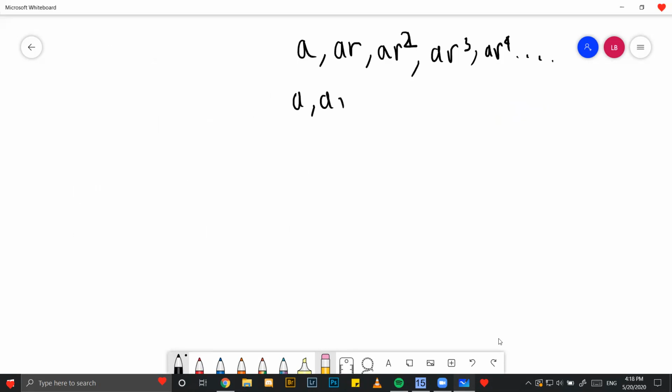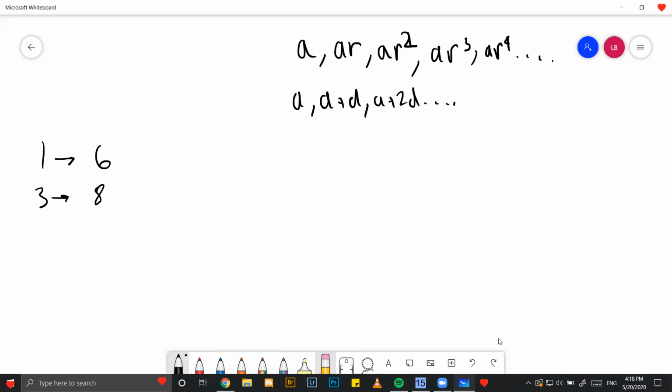So if you were to look at a, a plus d, a plus 2d, and so on, sometimes questions will ask you, given the first term, the third term, and the fifth term are some numbers.